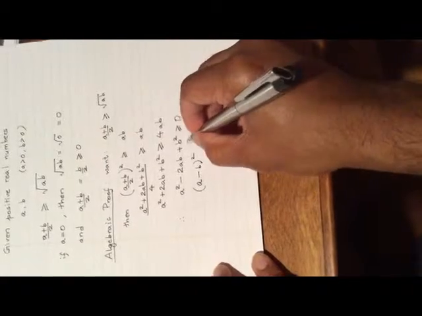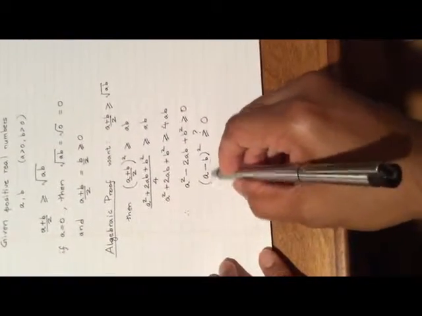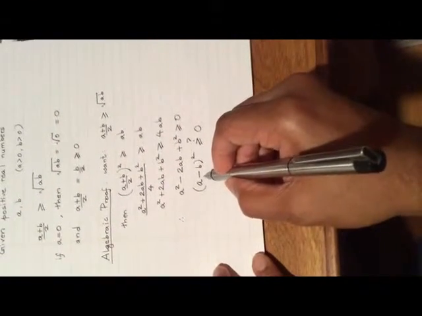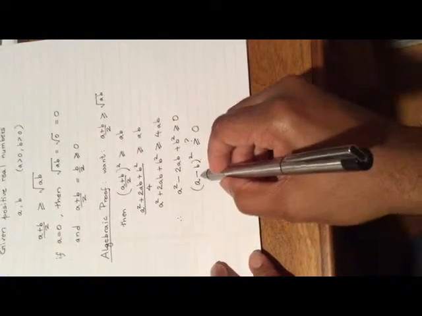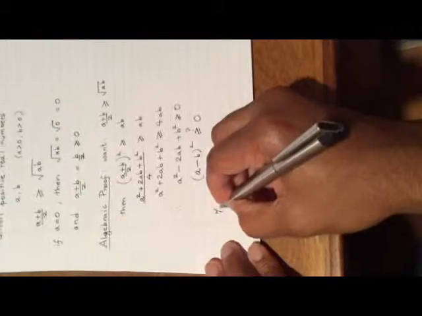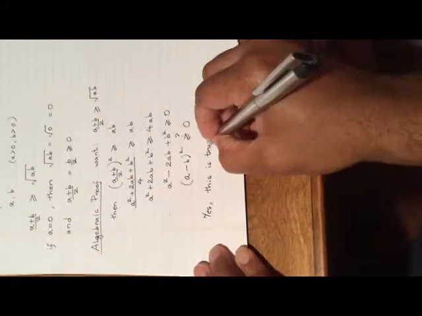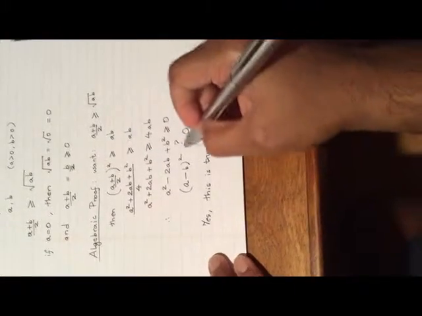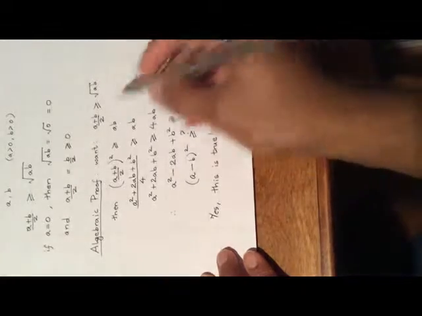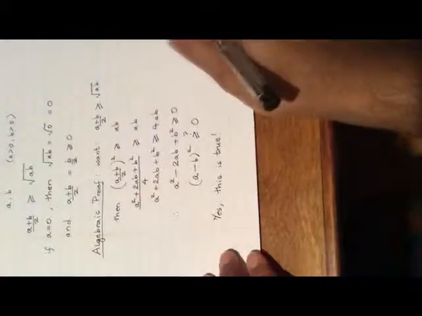So we're really asking, is this true? Well, sure. No matter what a and b are, whether they're positive or negative, certainly a minus b doesn't even matter whether that's positive or negative. The square of any real number is always greater than or equal to 0. So yes, this is true. And therefore we just zoom all the way back and we get this famous inequality that the arithmetic mean is always bigger than or equal to the geometric mean.